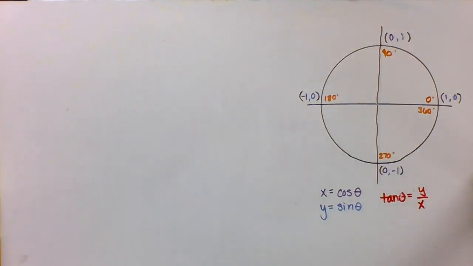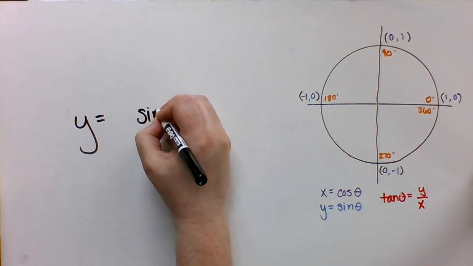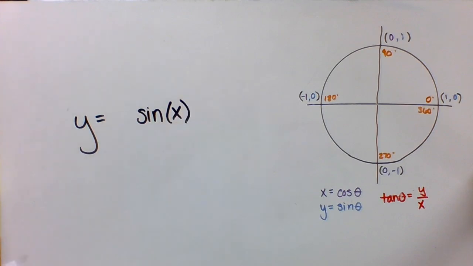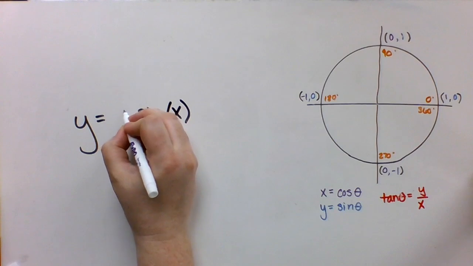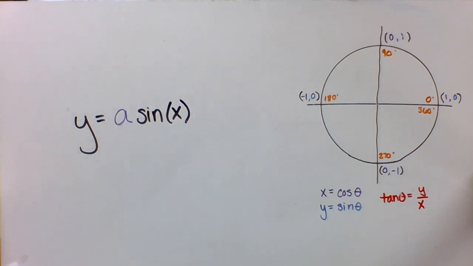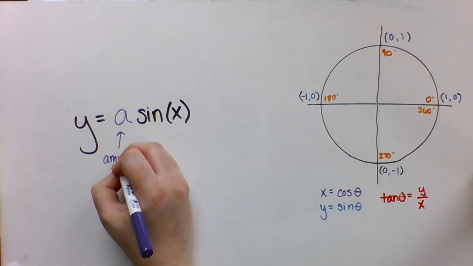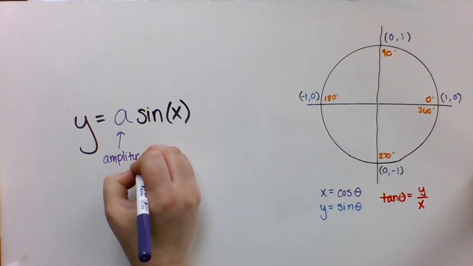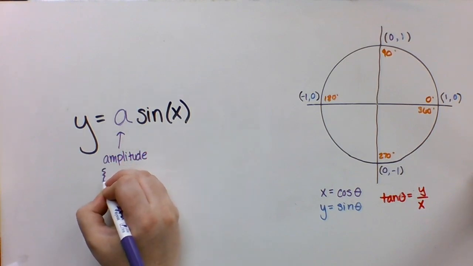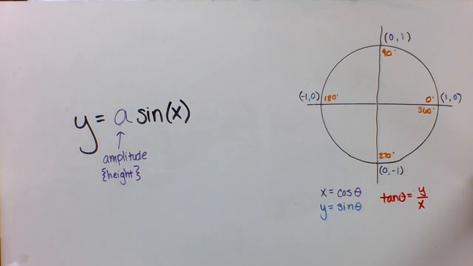Okay, so here on my board, I'm going to write an equation. So depending on what's going on, if you have a number written right here in front of the word sine or cosine, that value is going to be your new amplitude, which changes the height of your graph, so it'll make them taller, possibly shorter.